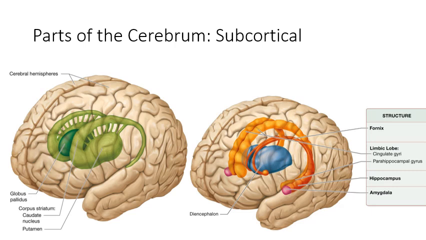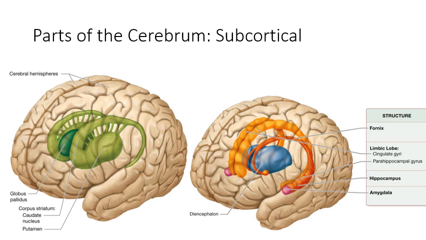So deep to that, or to the inside of that, you have the diencephalon, which is shown in blue right here. So here's your diencephalon, and then right on top of it, you would have your basal nuclei.